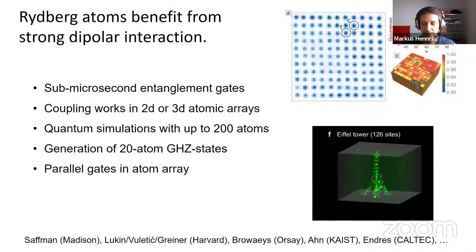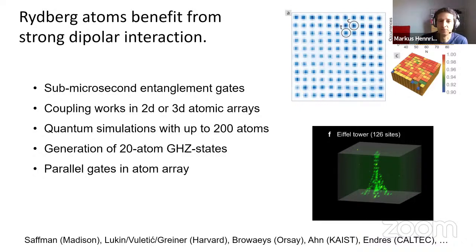From Rydberg atoms, you have probably already heard a bit about how the dipolar Rydberg interaction works from Tim and Paul's presentation. And I think Vlad and Willitsch next week will also talk a bit more about entanglement operations in individual trapped atoms. They can perform sub-microsecond entanglement gates via the Rydberg interaction.